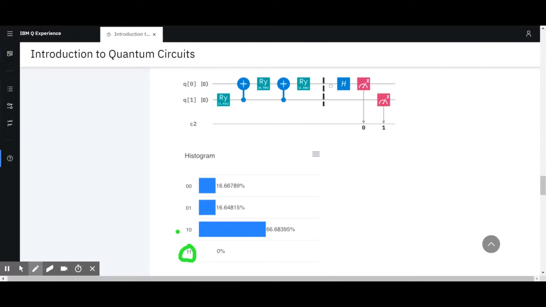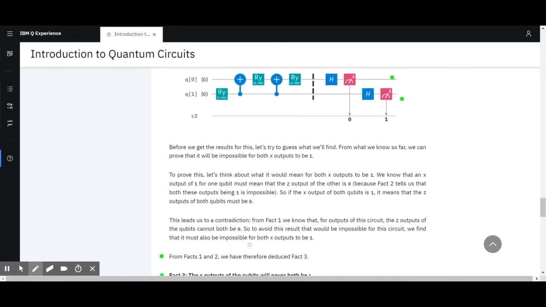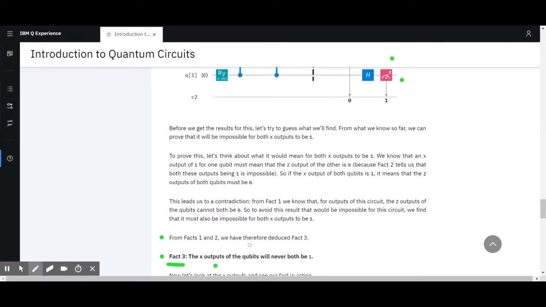Because, yeah, the Z output of the other is 0. Because that's what we're saying here. It can never be both 1. This leads us to the contradiction that the Z outputs of the qubits cannot be both 0.